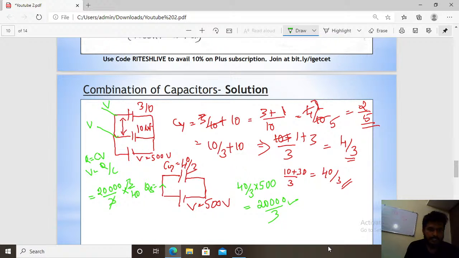So 3 gets cancelled, 45 the 500. So V value will be 500.